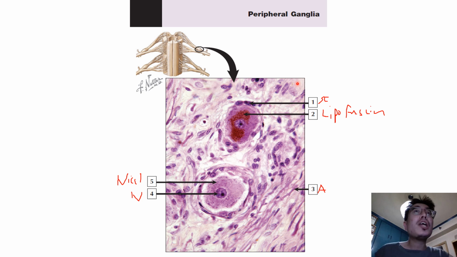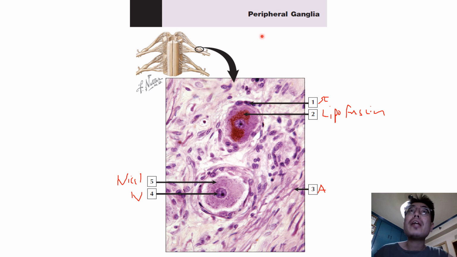Within a ganglion, a single layer of neural crest-derived satellite cells, shown here in light micrograph, labeled as number 1, is a satellite cell. The satellite cells surround each nerve cell body.